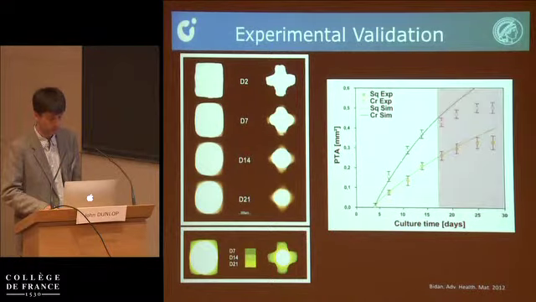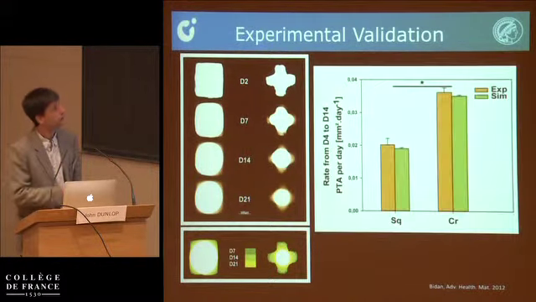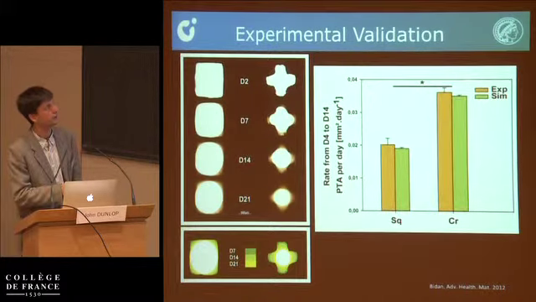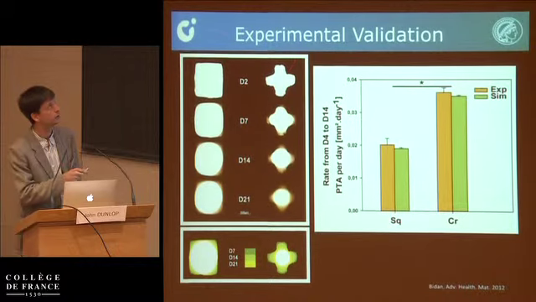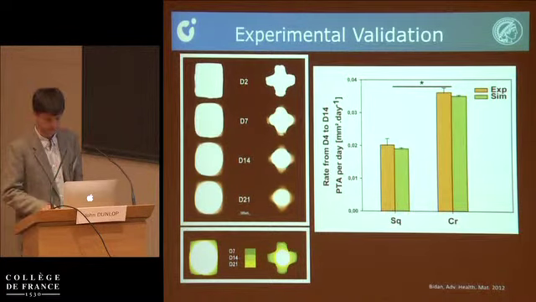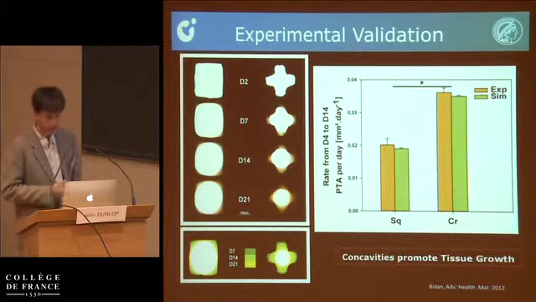So this is quite encouraging. And you can quantify the difference in growth rates, and you can see that there is approximately a doubling in growth rate between the cross-shaped pores and the square-shaped pores, and shows that concavities at least promote tissue growth.